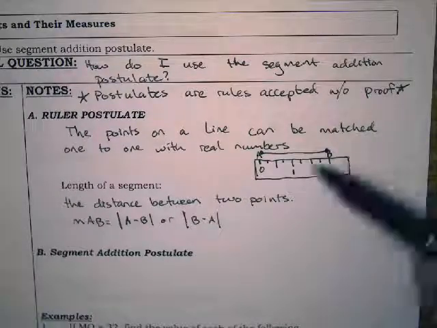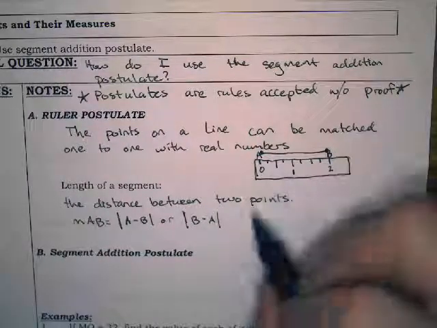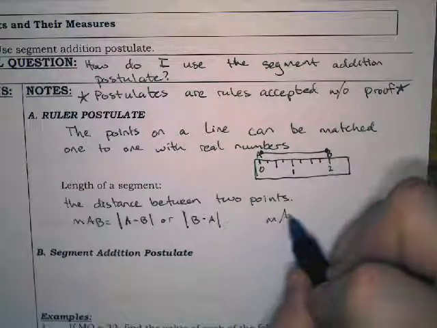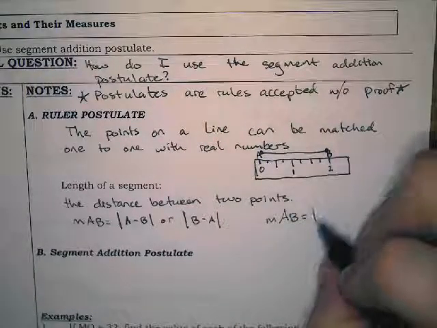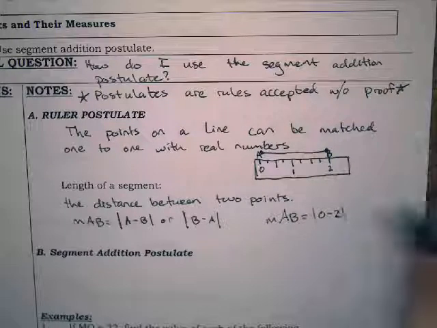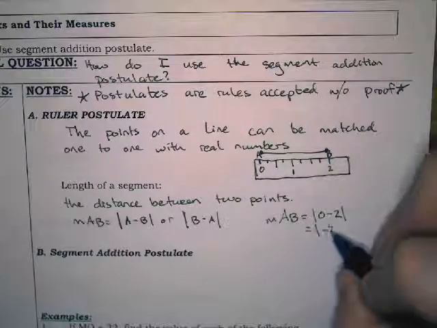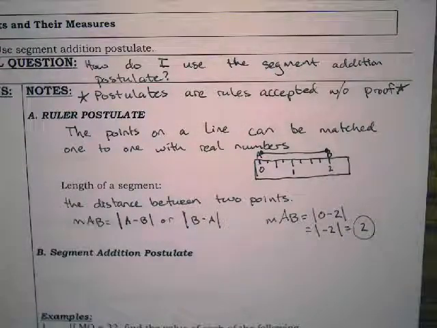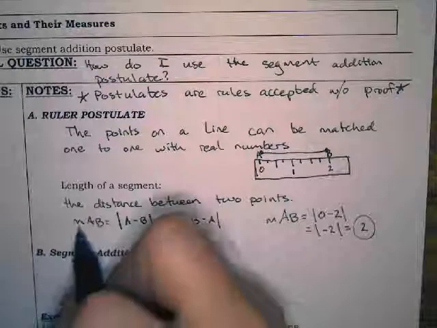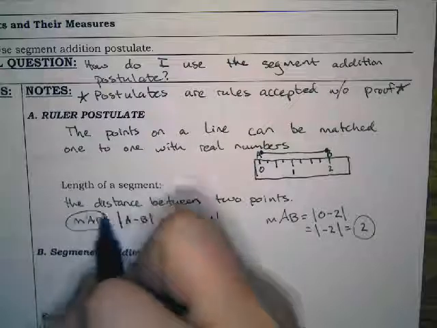So for this example, I could say the measure of AB is equal to the absolute value of 0 minus 2, which is equal to the absolute value of negative 2, which equals 2. So we can see that the distance from 0 to 2 is 2. One thing I want to point out is what this means, so we make sure we know.